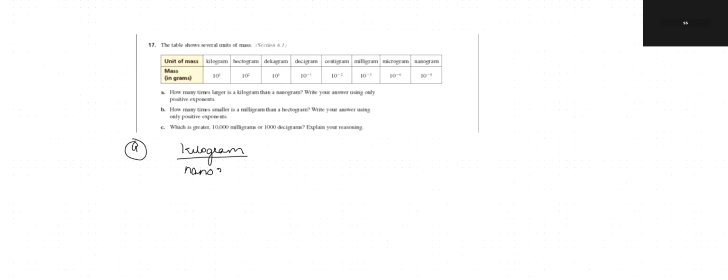As we see, in 1 kilogram, there is 10 raised to power 3 grams, and in 1 nanogram, there is 10 raised to power negative 9 grams.